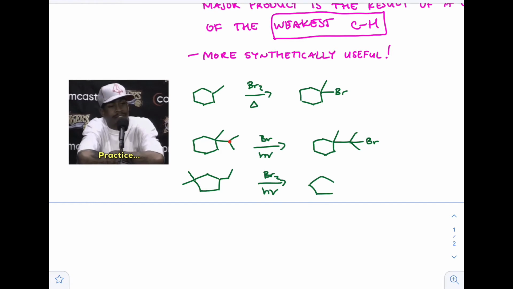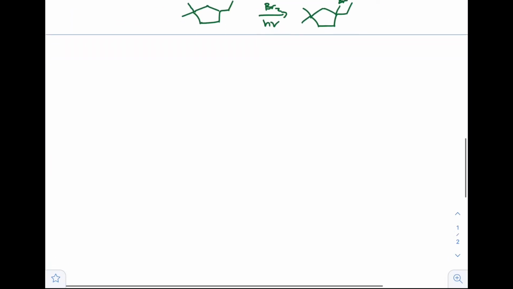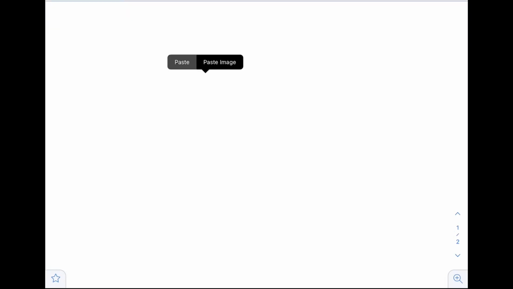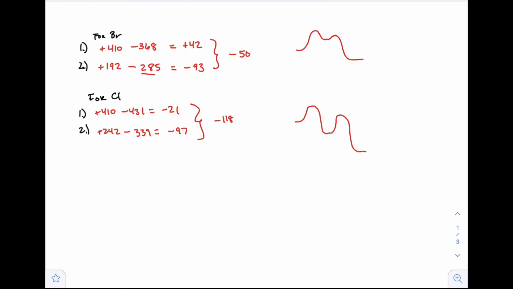The other one is a quaternary position, so there's no hydrogen. Now this one right here, we have an easy tertiary bromine right there. So the tricky ones are the ones that are quaternary. Just make sure you're keeping an eye out and not making silly mistakes and thinking that the bromine can go on that carbon, because then you'd have 5 bonds, and you don't want to do that.